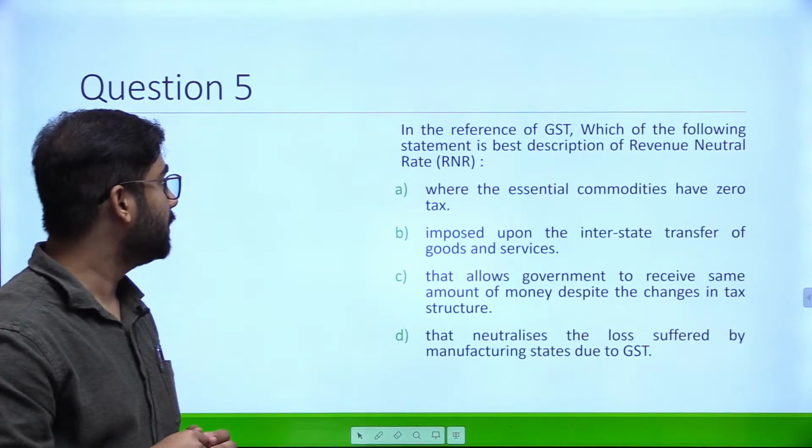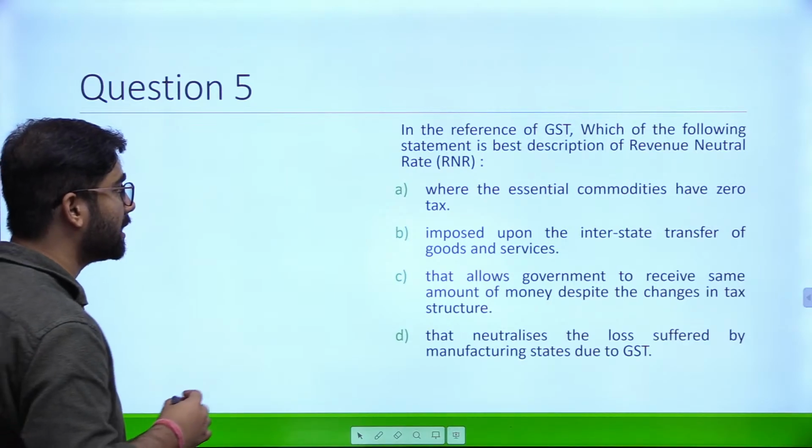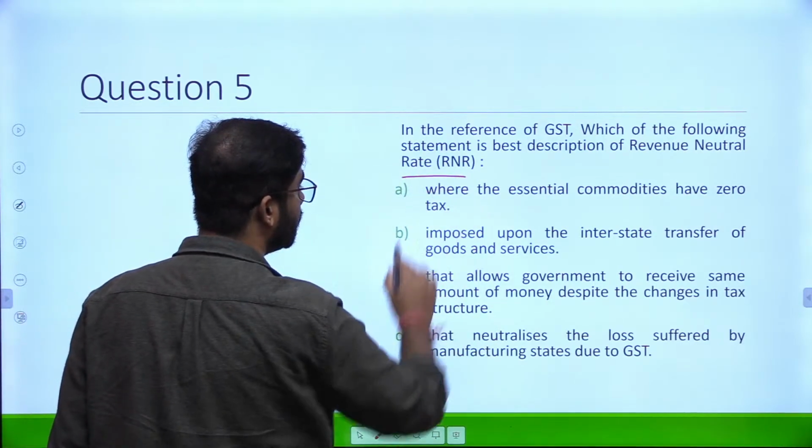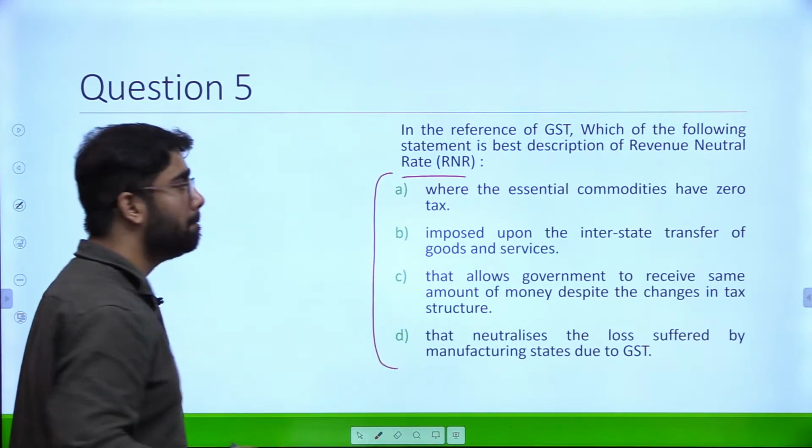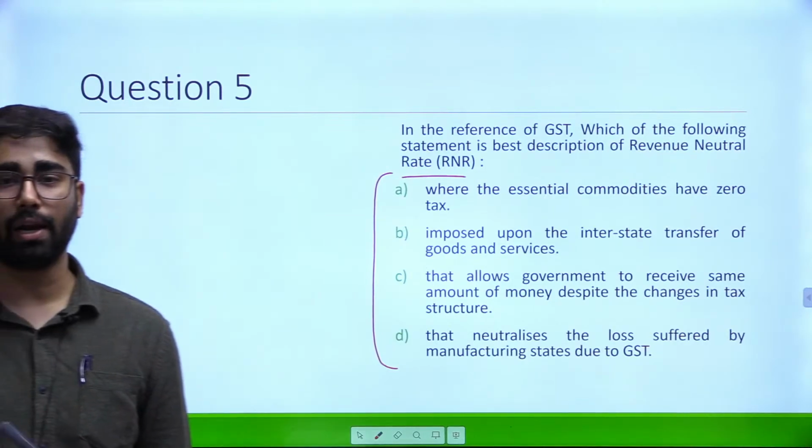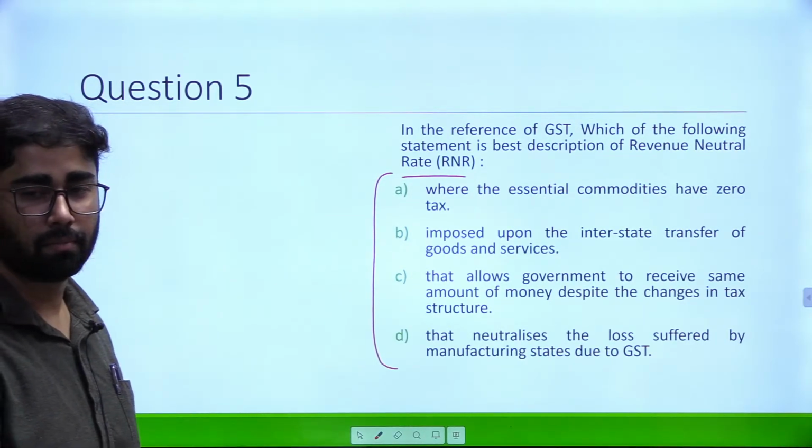In reference to GST, which of the following statements is the best description of revenue neutral rate? Please answer this.